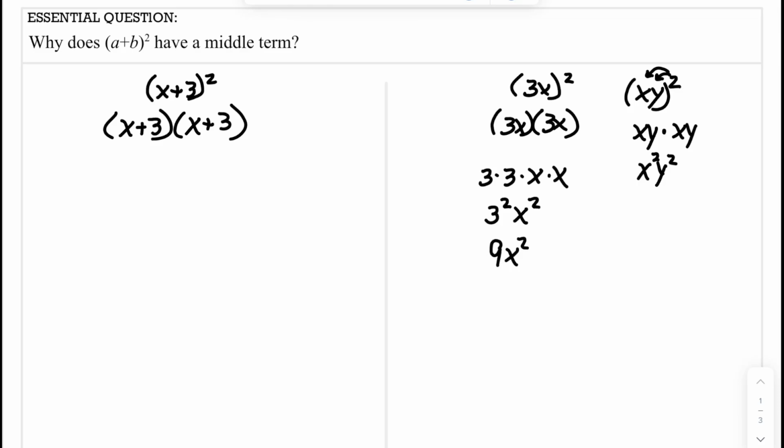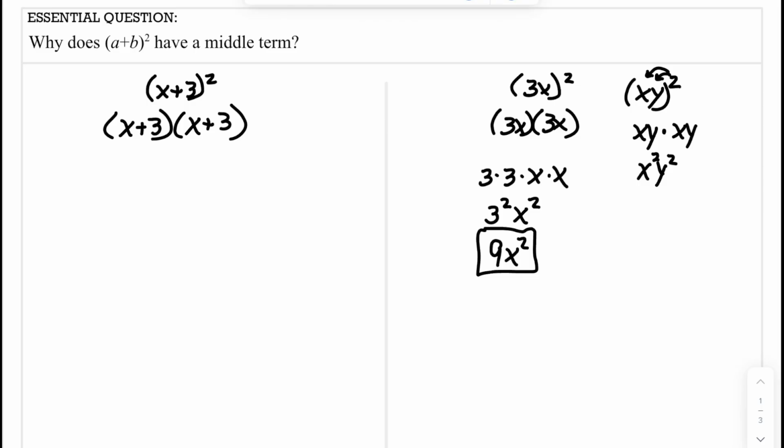So we're not distributing that, and that is a common mistake that students make as well. They'll multiply the 3 by the 3 and the 3 by the x, and then the x by the 3 and the x by the x. But you can't do that since we're not adding inside that parentheses. So this gives you 9x squared.